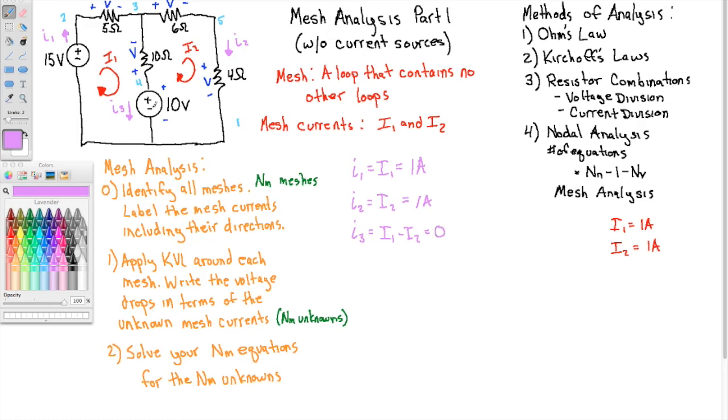Again, that's not always true in general, just for this specific problem. Also, if you didn't follow that, we could equivalently have done KCL here at this node, and we have I1, 1 amp entering, and we have I2 leaving 1 amp, so that leaves 0 amps to go through this way.